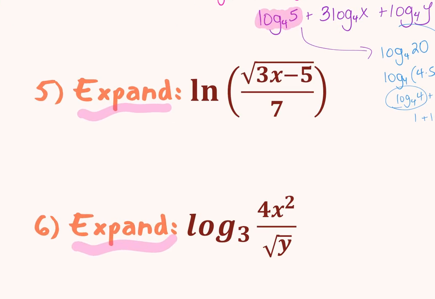All right, look at 5. Again, back to the word expand. Now it's ln, which is still a log, right? This time I've got division. What does division mean when I expand? Good. So this becomes ln of the square root of 3x minus 5 minus ln of 7.